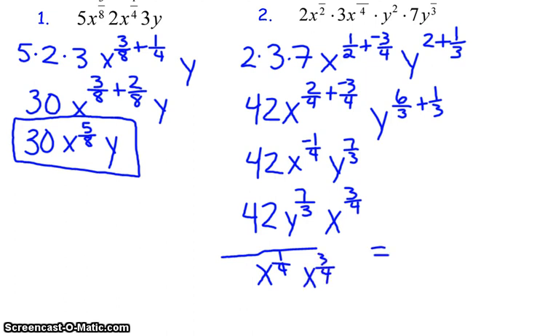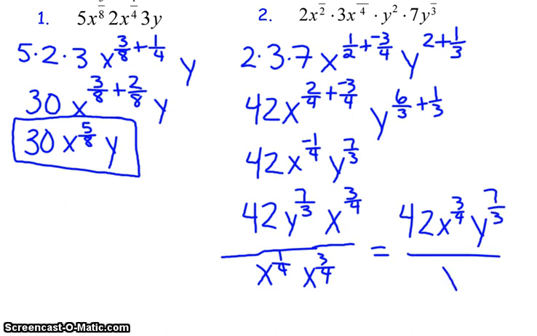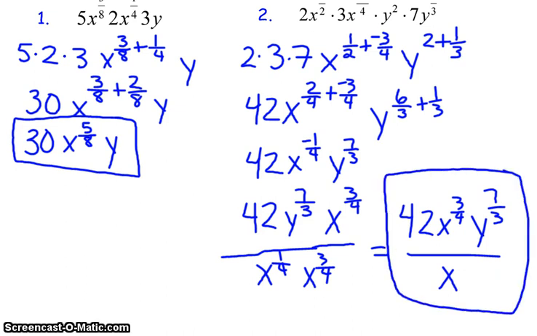And then we would finally have this simplified to 42 x to the 3/4 y to the 7/3 all over x to the 4/4, which is just 1. But we've rationalized that denominator. So this would be simplified in best form.